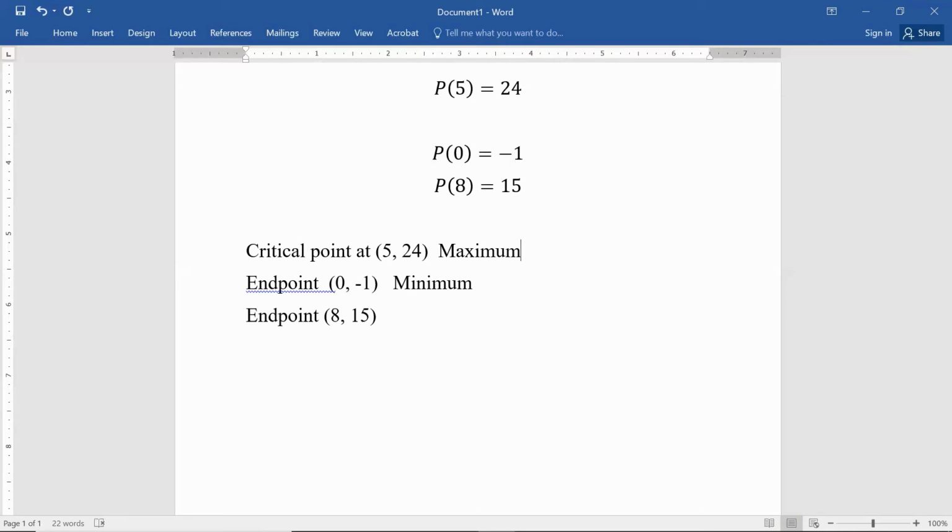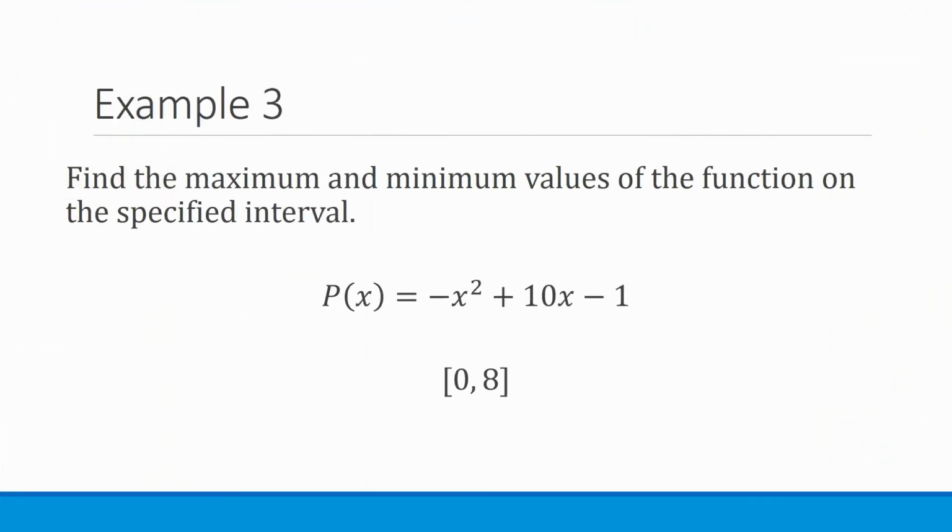And in this case, that is (5, 24). We've found the maximum and minimum values of the function on the interval from 0 to 8. I do want to emphasize that the choice of interval makes a big difference.